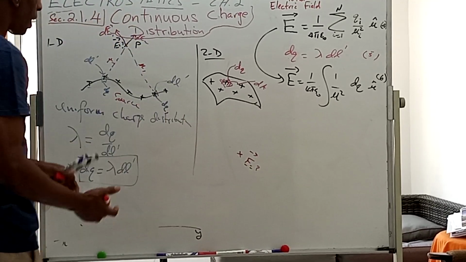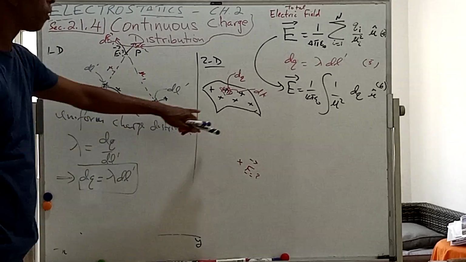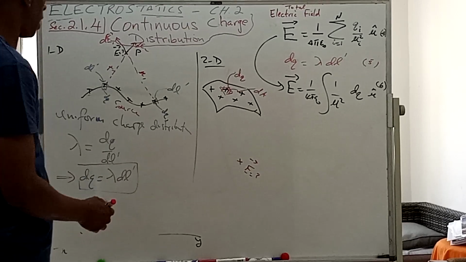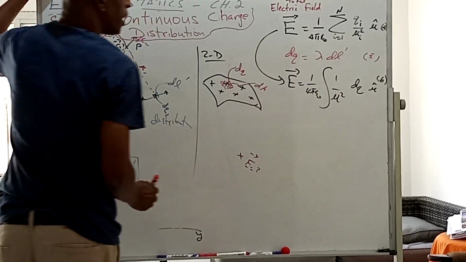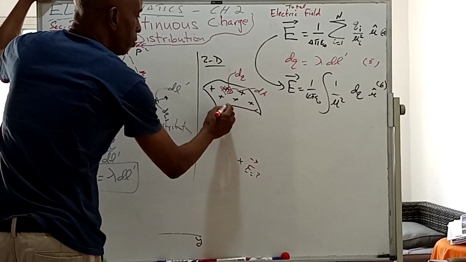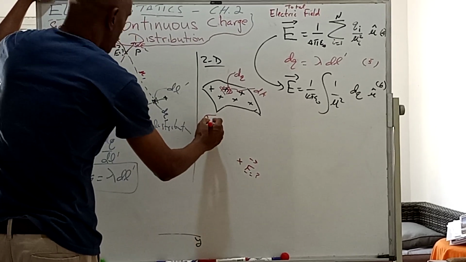Again, we have to use the charge density method to actually get rid of our dq. Here we use sigma, which is the surface charge density.